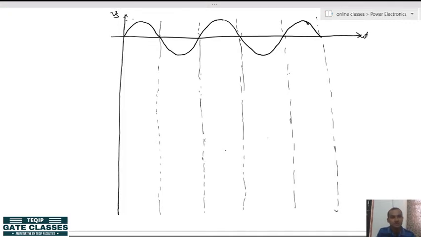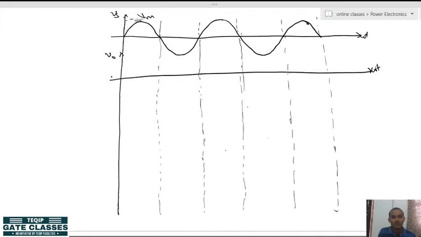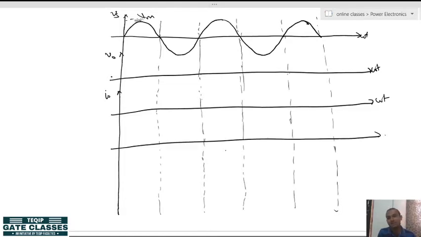So, this is my source voltage with amplitude Vm, and I am going to draw the load voltage, the load current, the source current, and the freewheeling diode current.